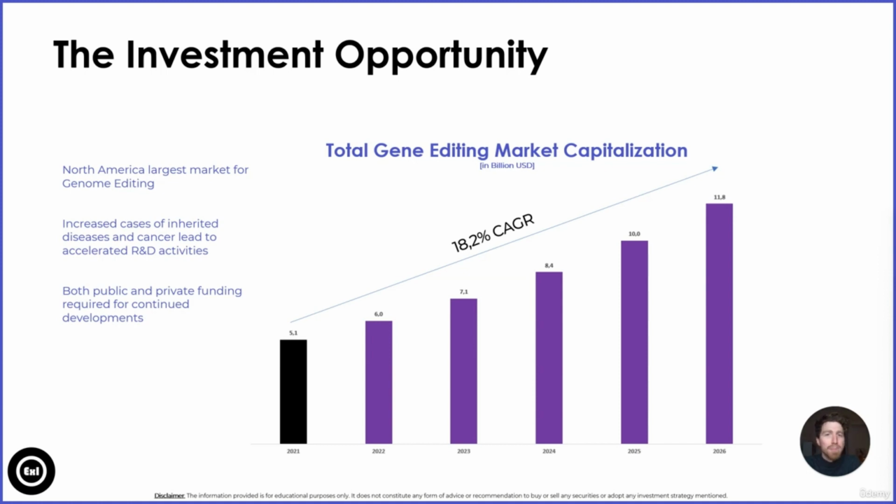And it's projected to grow pretty fast with a compound average growth rate of 18.2% to 11.8 billion by 2026, so more than doubling in the next 5 years.